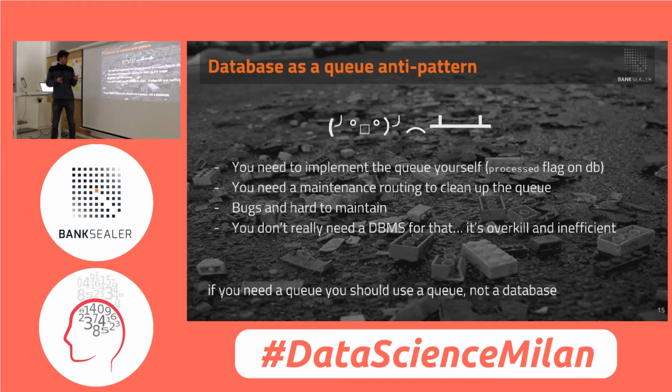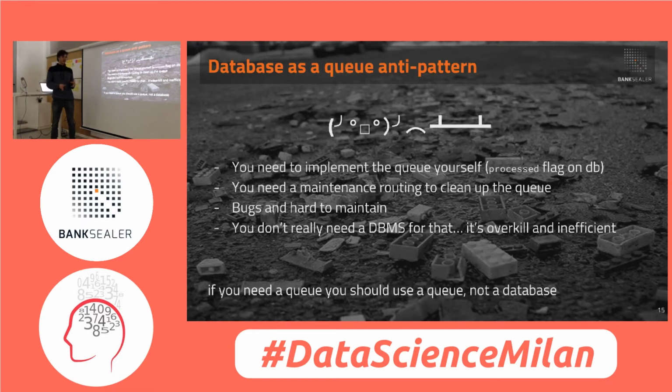So what's the reason? First, you need to implement a queue using a database. So you need to add a flag on the database, a process field that you use to keep track of what transactions you already processed. Second thing, you need to clean the queue. So you have a process that runs on the database and performs some queries. And this is not hard, but this is not something you want to do.